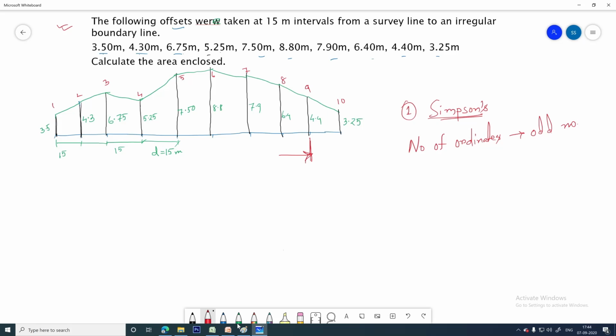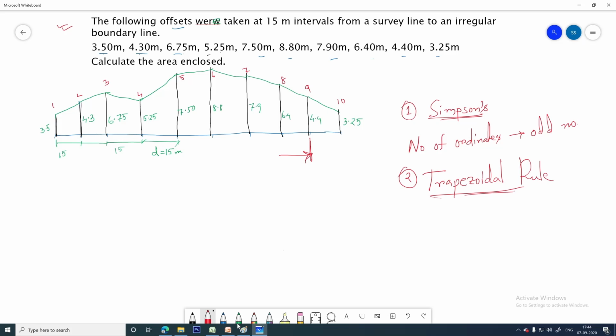If you make the summation of those two, you can get a more accurate result compared to the trapezoidal rule. If you apply the trapezoidal rule to the total portion, that will not be as accurate as the previous one. So we will apply the trapezoidal rule. And what is the trapezoidal rule?